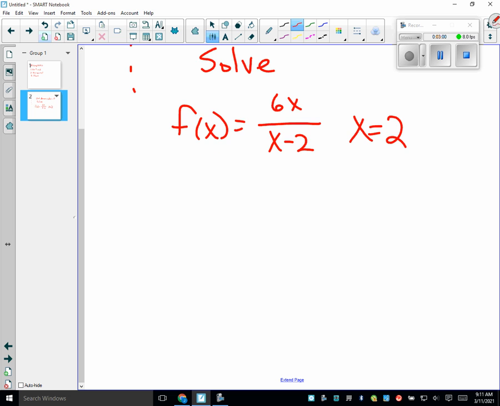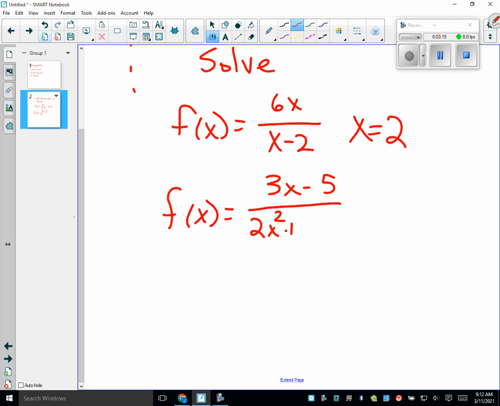So what if I say f of x is 3x minus 5 over 2x squared plus 5x minus 7. How do I find the asymptotes? I set the denominator equal to 0, right?